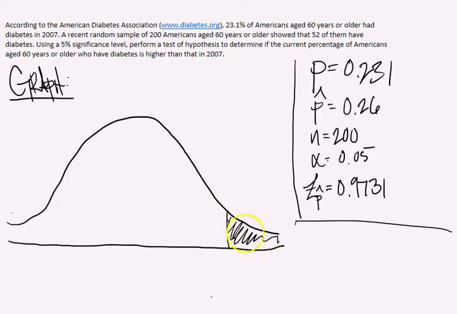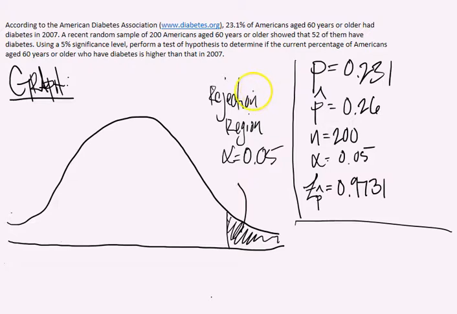This is still 5%, and so this shaded area is still my rejection region. Anything that falls in there tells me to reject H naught, my null hypothesis. If it lands in there, I reject H naught.